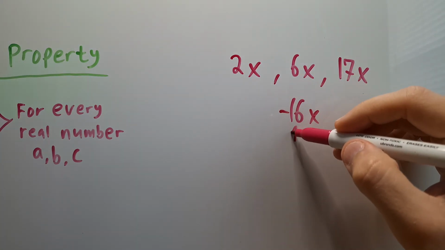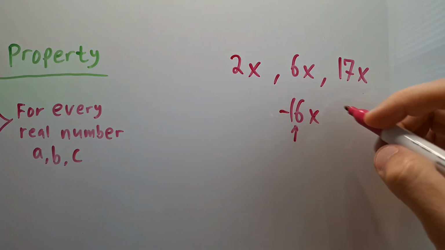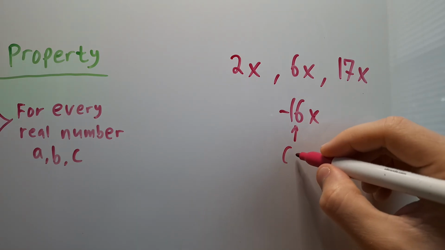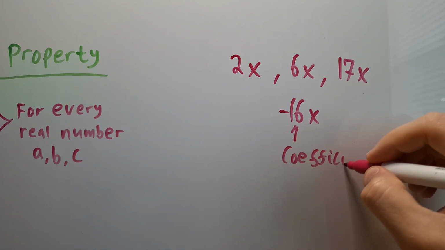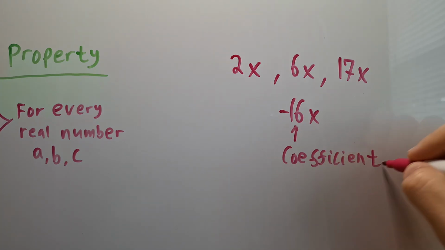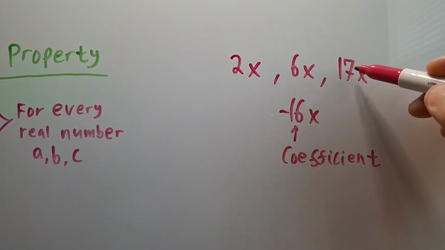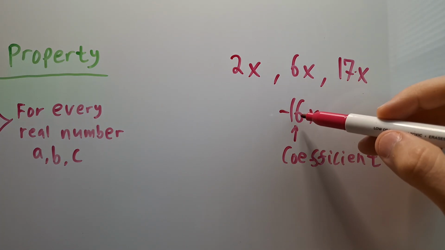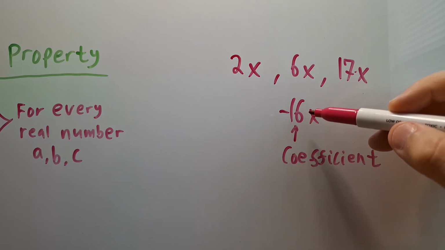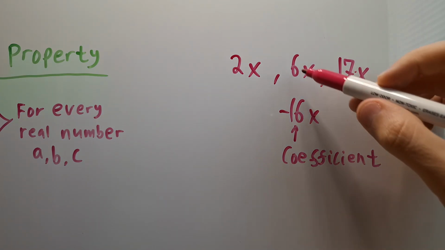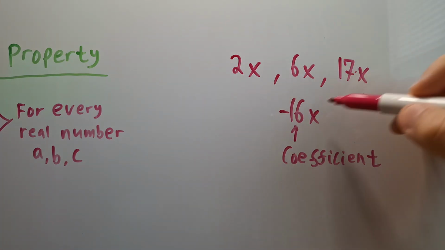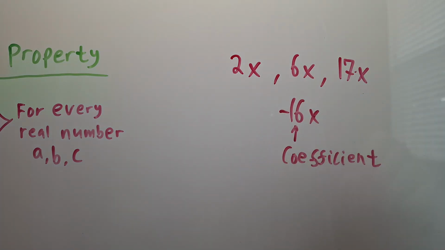The numbers in front of those variables, those are known as coefficients. So 2, 6, 17, and -16, these are all referred to as coefficients. They're the numerical factor of the term, just the number in front of the variable here.